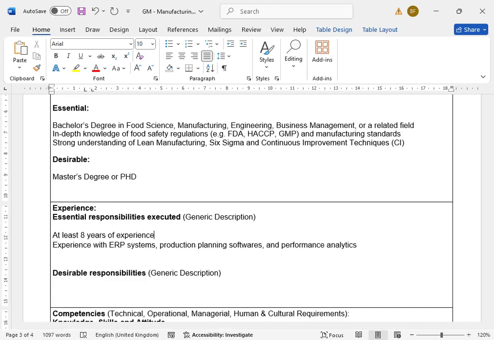That's why they put more years. But 8 years of experience in manufacturing or as a general manager is more than enough. What's important is the leadership. That's number one.